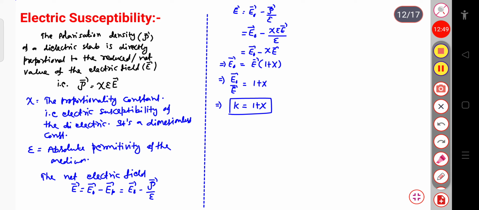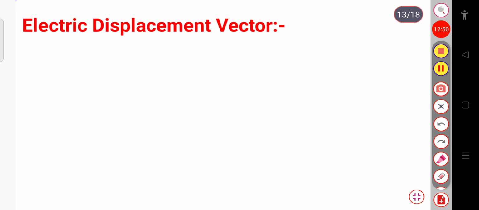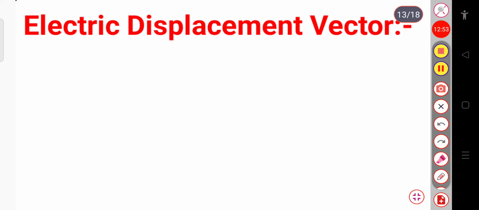Now let us start the electric displacement vector. We know the net electric field E vector equals E naught, that is the field applied, minus EP, that is the induced electric field.